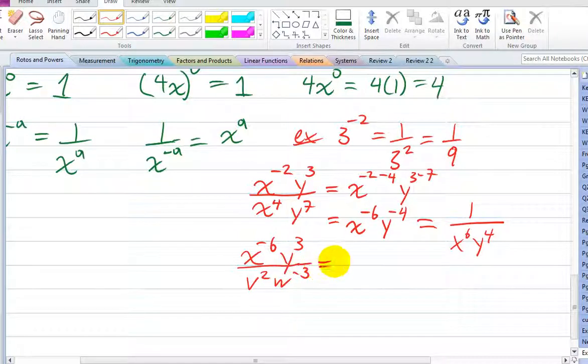So, w comes up top, x goes to the bottom. And the ones that have a positive exponent just stay there. You only change the base with a negative exponent. Okay, so those are some mistakes that we can kind of come across.